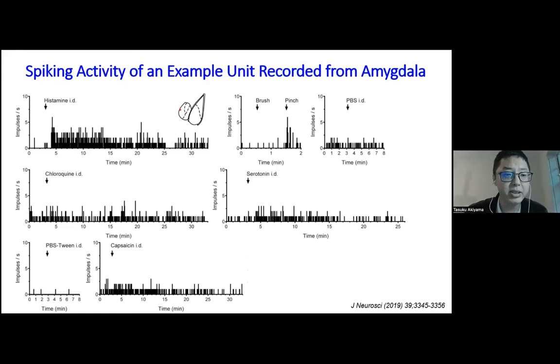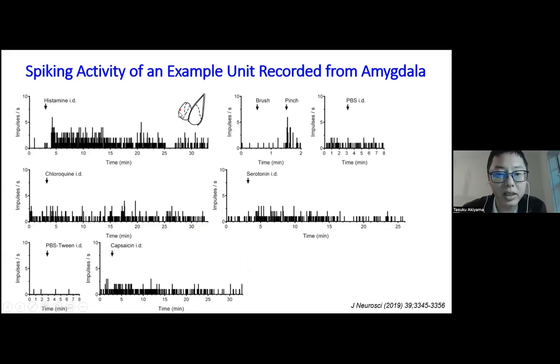This slide shows one example of a histamine-responsive amygdala neuron. The y-axis shows the impulses per second, the firing frequency. If this number increases, that means the neuron shows more firing. The red dot on the amygdala shows where we were recording from.